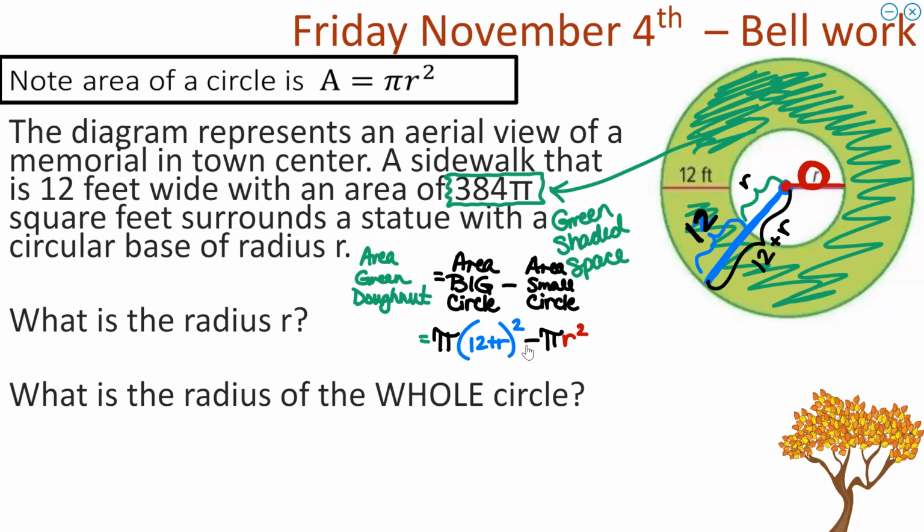Do I have any like terms to combine here? Which ones? The 12 r's are going to combine. All right, so let's come back over here. I have pi that's going to get multiplied to this. I have 144 plus, what happens when I combine those r's together?